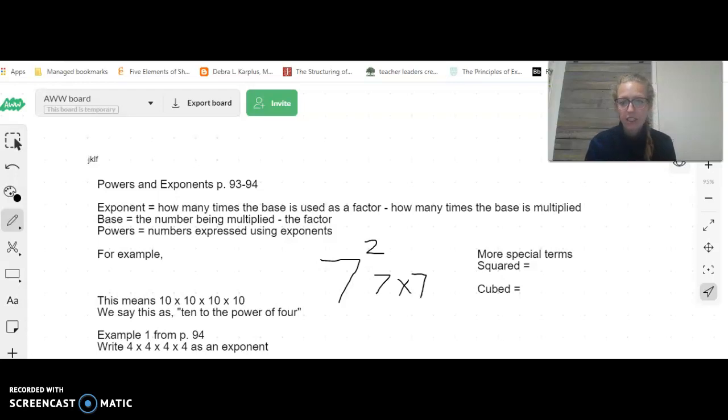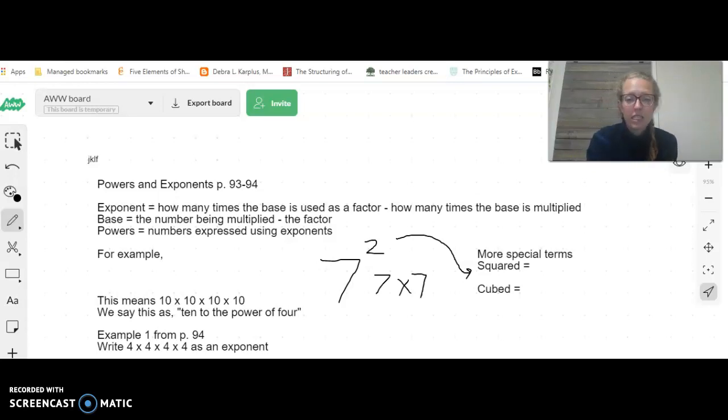Okay, let's pause there for a second. Before we continue, there are a couple other special terms that we need to go over. You'll notice, like the example I just did, we are multiplying 7 two times. We can also say this as 7 to the power of 2. But when we're multiplying something to the power of 2, we actually just say squared.